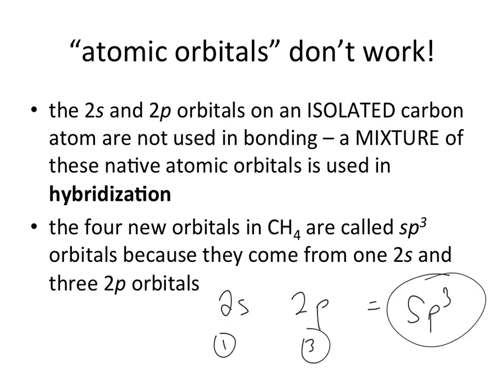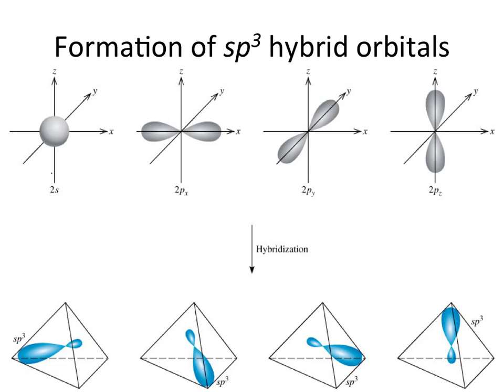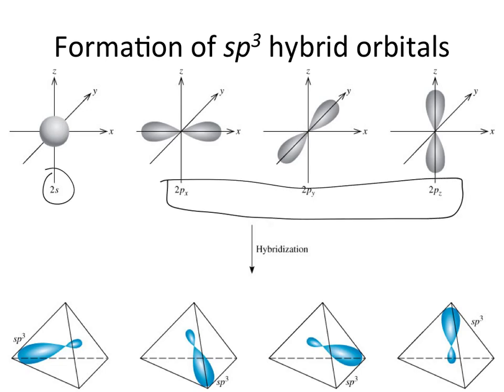These sp3 orbitals are a mixture, or a hybridized form, of the 2s and 2p orbitals that exist on that carbon atom. So if we want to visualize this process, notice we have our 2s and then our three 2p's on that central carbon atom that contain valence electrons.